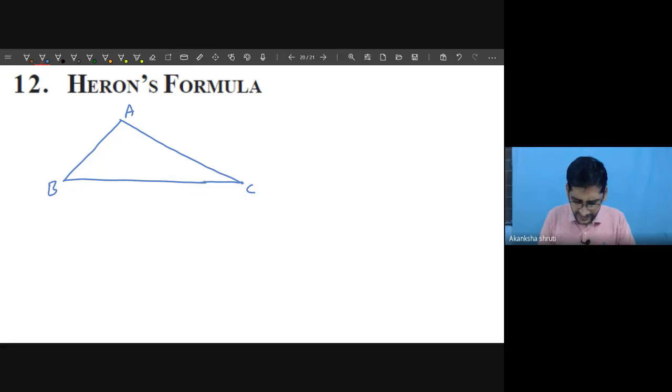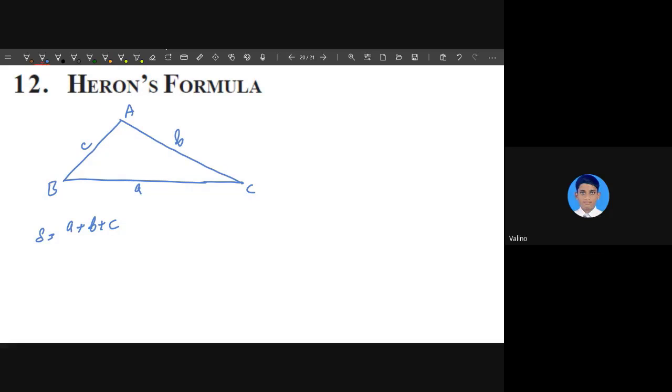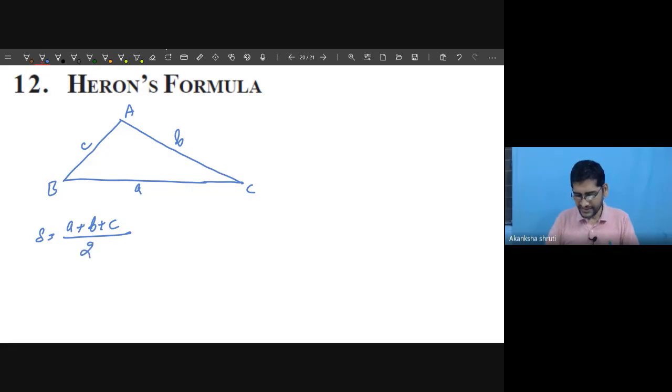The side length, let us consider the side in front of angle A, the side length as a, the side length AC as small b, and side length AB as small c. Got it? So from this, knowing the three sides, the perimeter is calculated by adding a plus b plus c, and a plus b plus c divided by 2 is called the semi-perimeter.